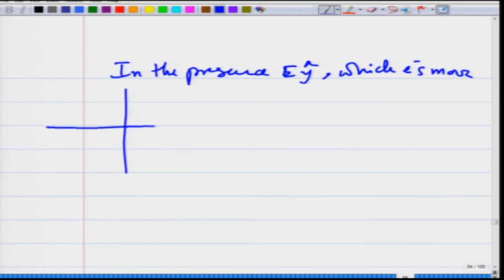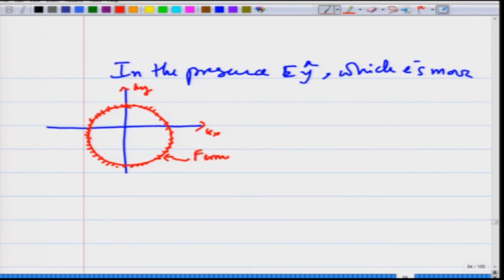If you look at the Fermi sphere, only those electrons which are sitting on the Fermi surface will be available for movement, because when you apply an electric field they will gain some momentum and start moving.